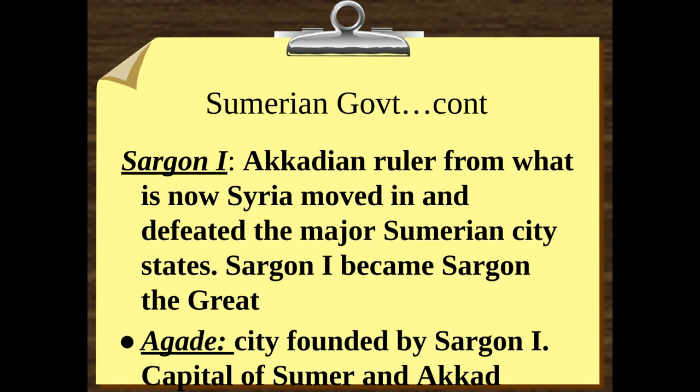The city of Agade, sometimes spelled Akkad with a K, was founded by him and became the capital of this region, essentially. So later, Assyrian kings are going to take the name Sargon, looking back in history. He is one of these figures that, while he's a conqueror, also understands that the culture he is incorporating is older and probably as important, if not more important.